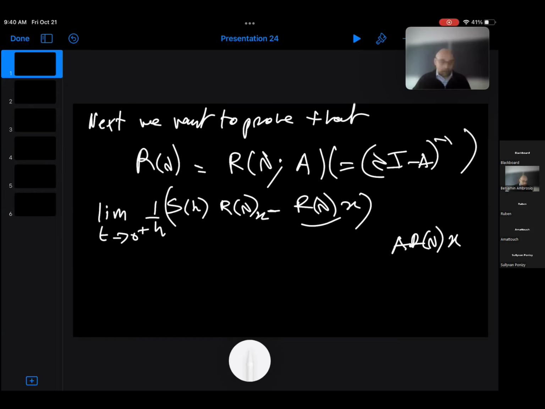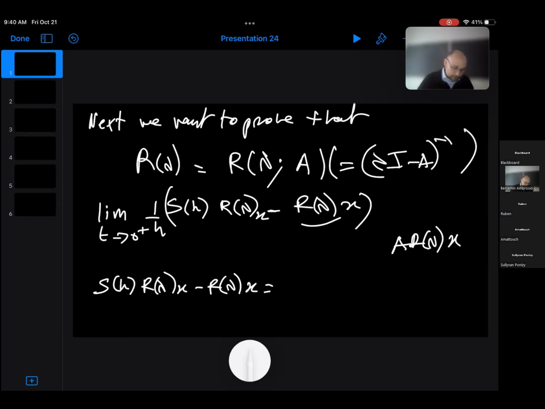So we are going to do this computation. Let's first forget about the 1 divided by h, and focus on S(h) R_lambda of x minus R_lambda of x.